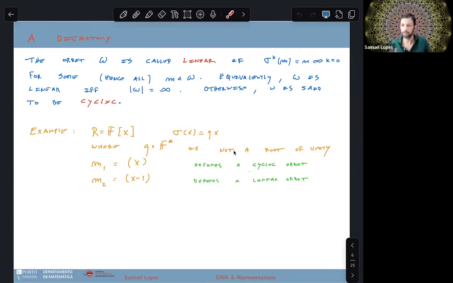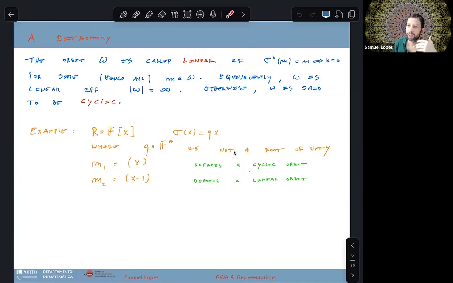A linear orbit is an orbit that has a maximal ideal, M, such that when I act by sigma, I will always get a different ideal. As I run through k, sigma^k of M is always a different ideal. So for example, sigma squared of M is not equal to M. This is a linear orbit, which means that it could be identified with the integers.